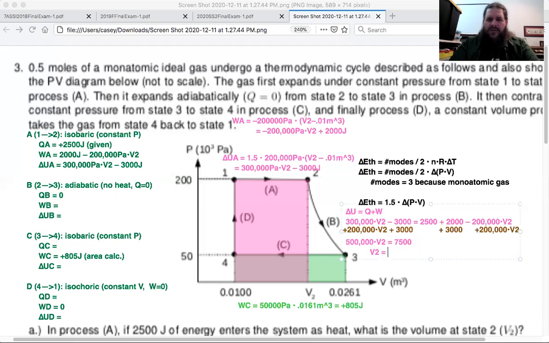What's our last step for solving for V2? We just divide by 500,000. Yeah, divide by 500,000. And we get exactly 0.015 cubic meters. And fortunately, that seems to be between 0.01 and 0.0261, so that seems entirely reasonable. That is V2. So we now know the value of V2.